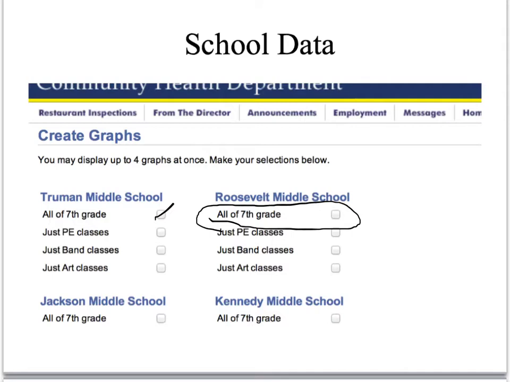You are supposed to figure out why students are out sick. You've got to look at what classes, what is the attendance data. Those are just some of the things. One other important one is the restaurant inspections. So that's another piece of data.